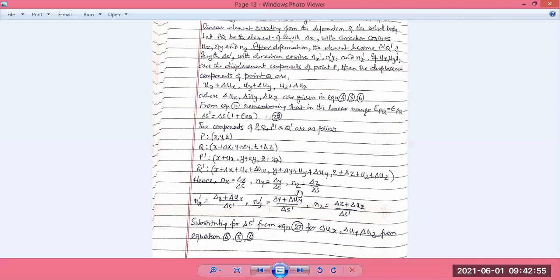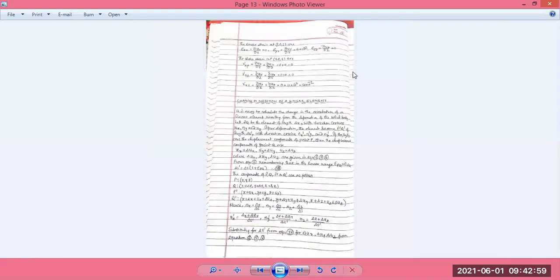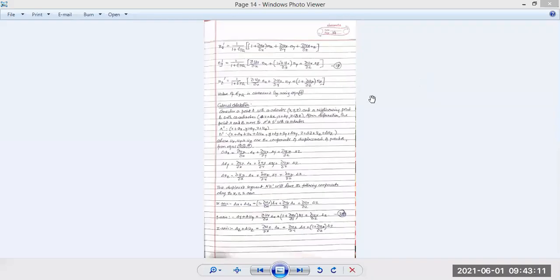If we put all these equations together, then this equation will take this particular form.